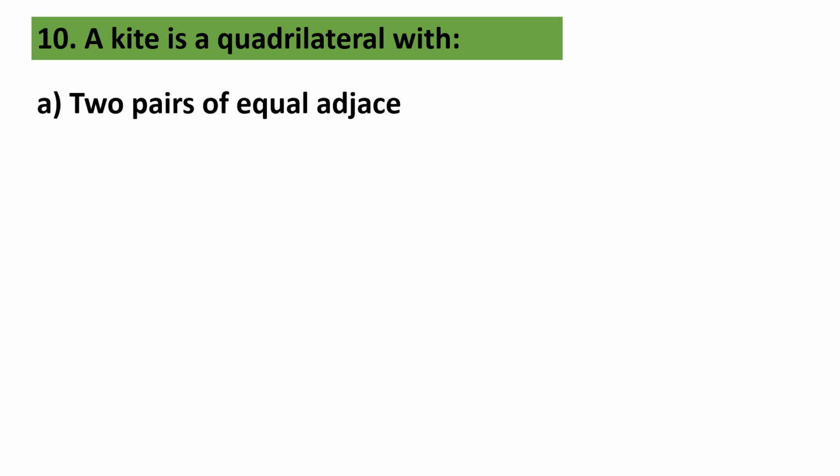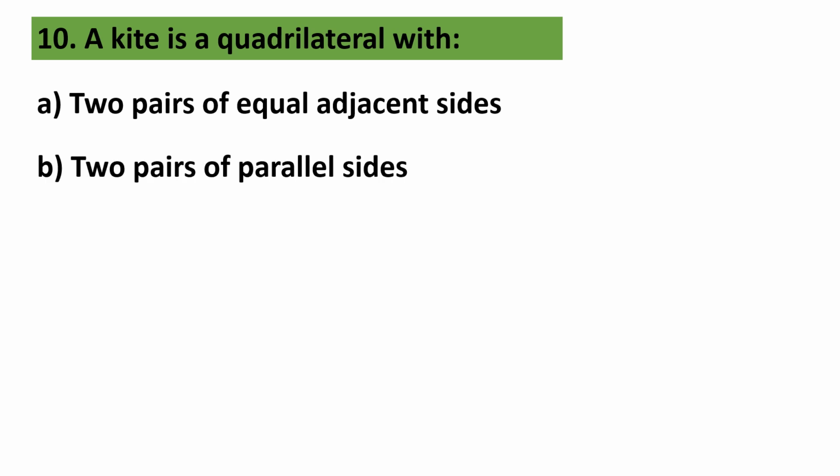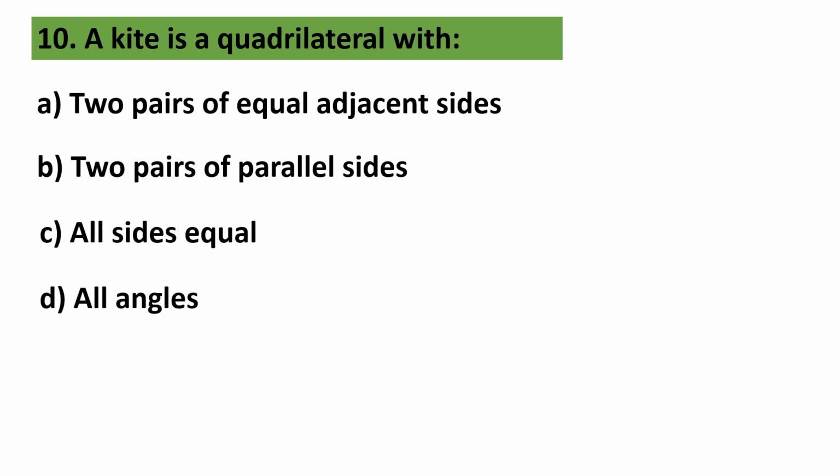Question number 10. A kite is a quadrilateral with: A two pairs of equal adjacent sides, B two pairs of parallel sides, C all sides equal, D all angles equal.